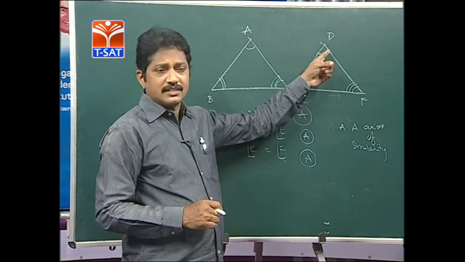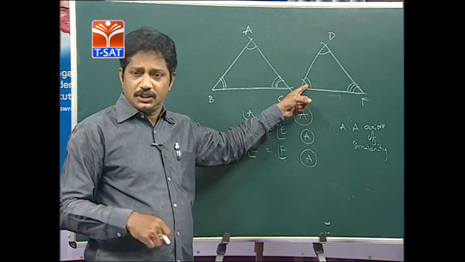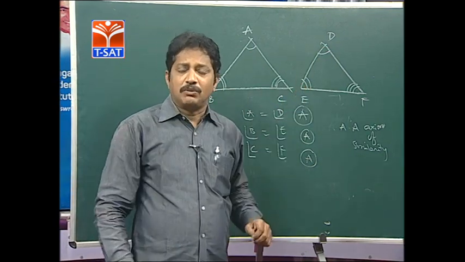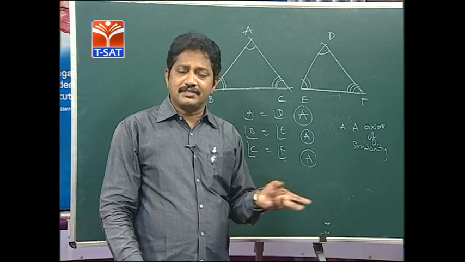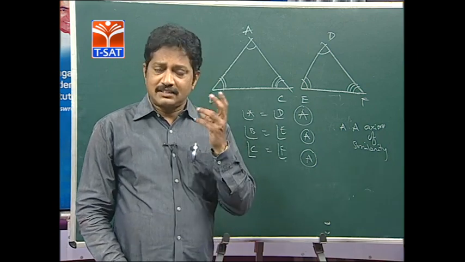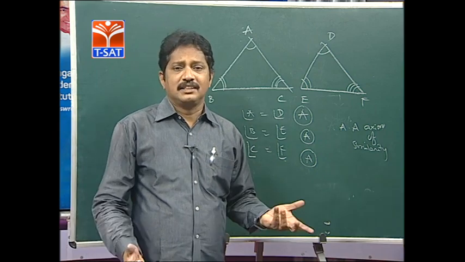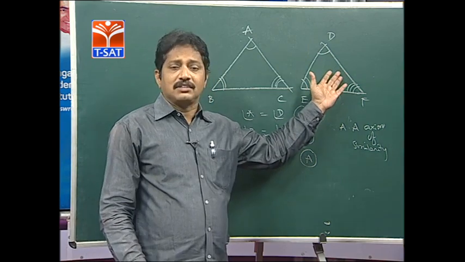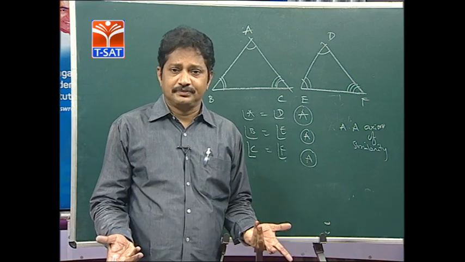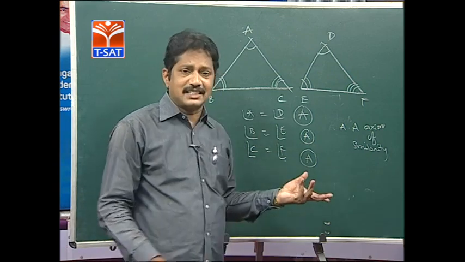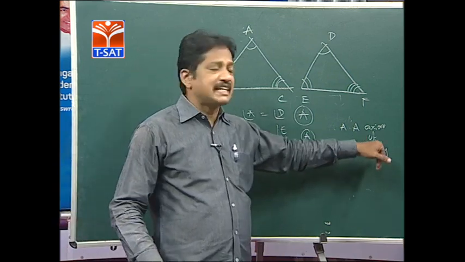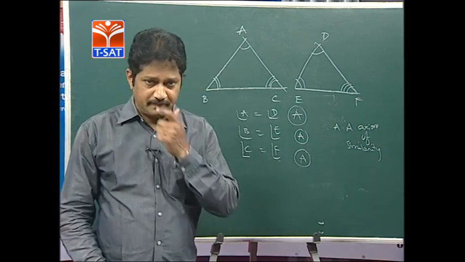This angle equals this angle, and this angle equals this angle. You know the angle sum property. What is the angle sum property? The sum of the three angles of a triangle is 180. When the sum of three angles is 180 and two angles are equal, the third angle must be equal, correct? So there is no need to say three; that is the reason we say the angle axiom of similarity. This is the most important.